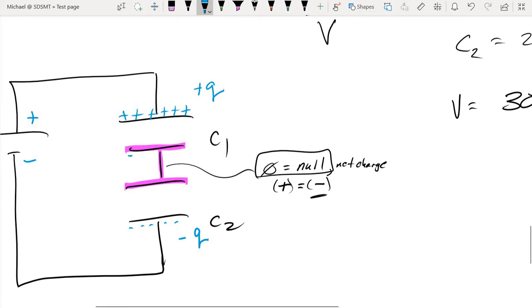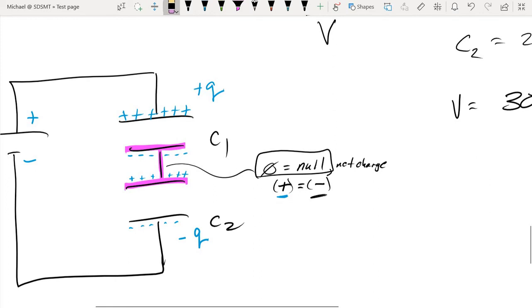So we're going to see some of the negative charges from the island migrate towards the top. And at the same time, all of the positive charges that are on the island are going to be attracted to this large concentration of negative charges below. And so our null charge splits.